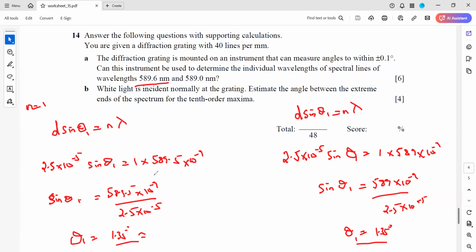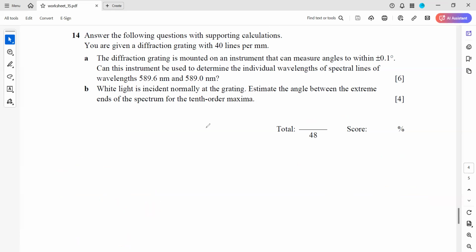But can the maximum order be distinguished? So first we'll find the value for n. At the individual level, it cannot be. Okay, 1.35189. So the first order, second order, third order cannot be distinguished because they look the same. But can the maximum be distinguished?